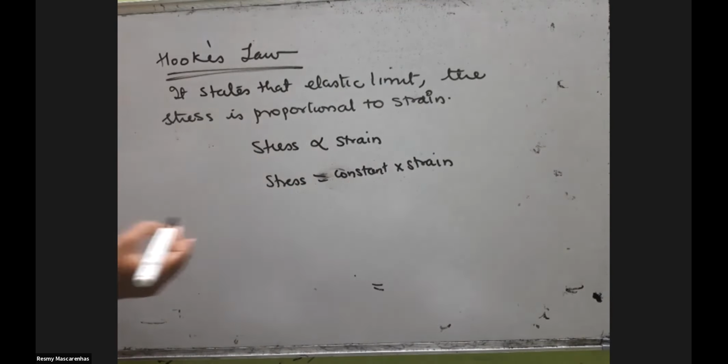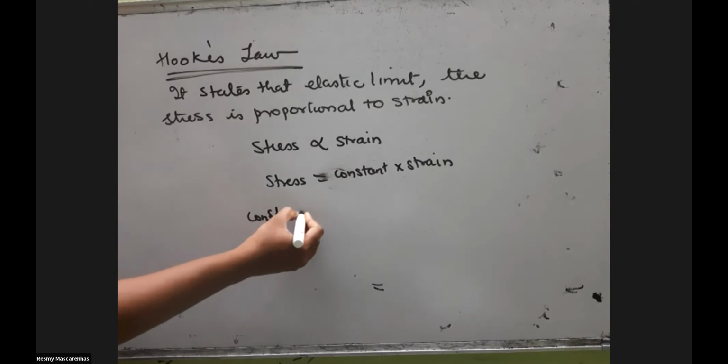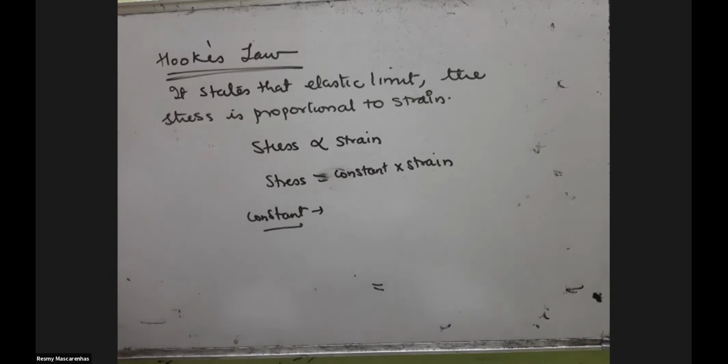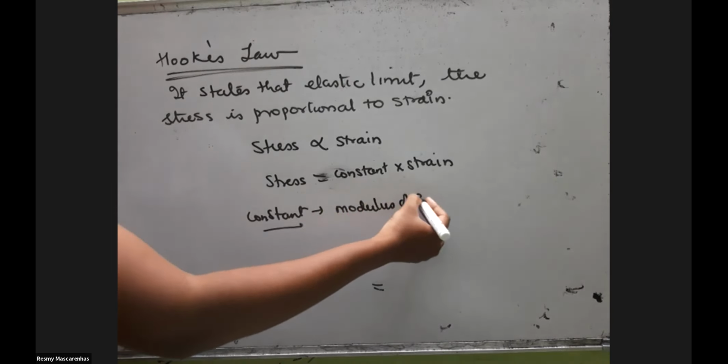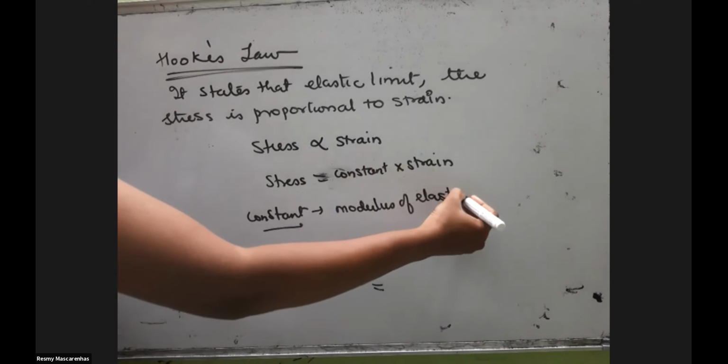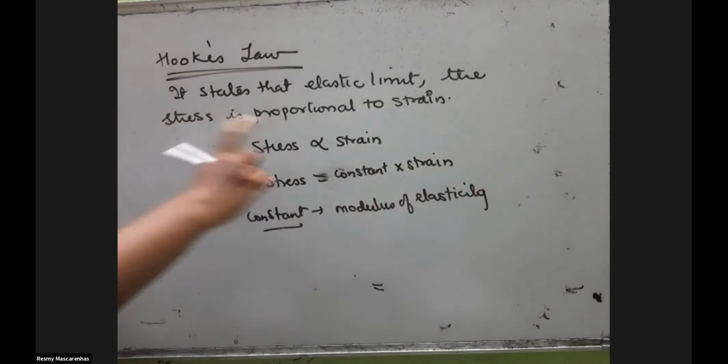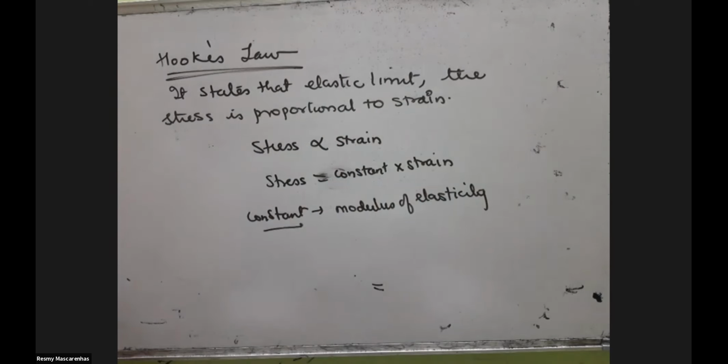Now this constant over here is called the modulus of elasticity. How much depends on how elastic that body is, and based on that, how it can get stretched. It varies for different materials. It will have the same unit.